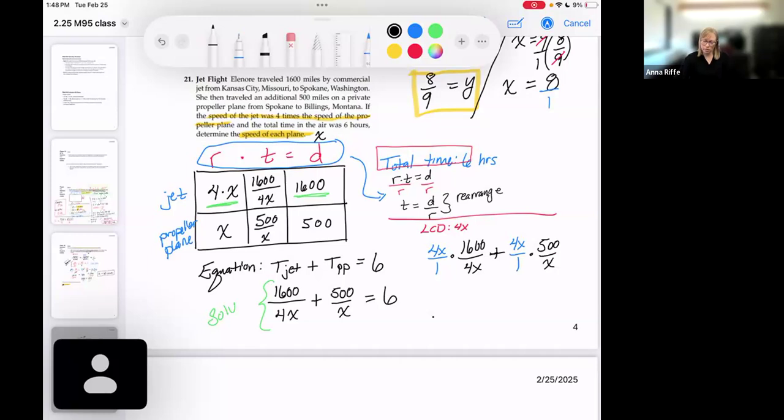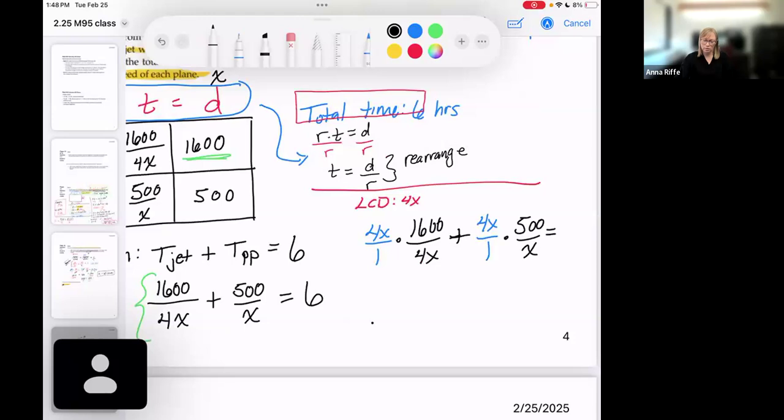And then that has to equal 4x over 1 times 6. I have to multiply the opposite side too. And the 6 has a denominator of 1, so I'm not going to worry about writing the denominator for that one. These 4x's will cancel. The x will cancel. So that leaves me with what?